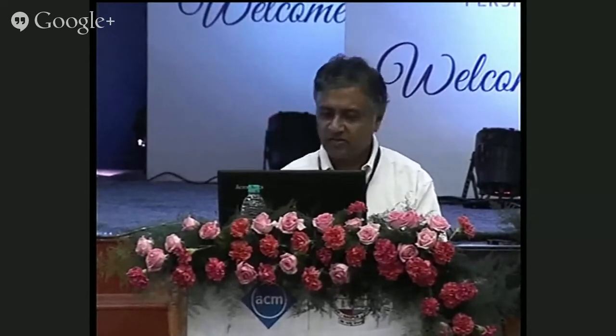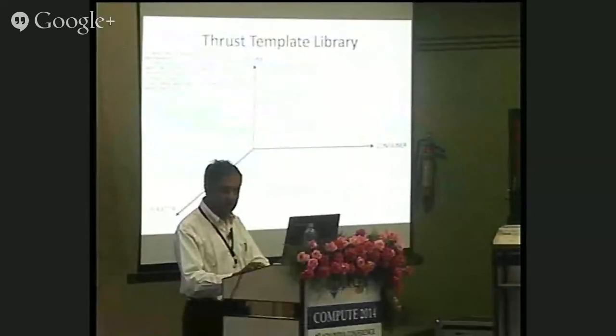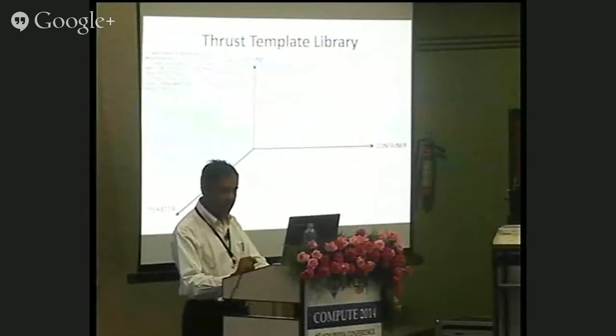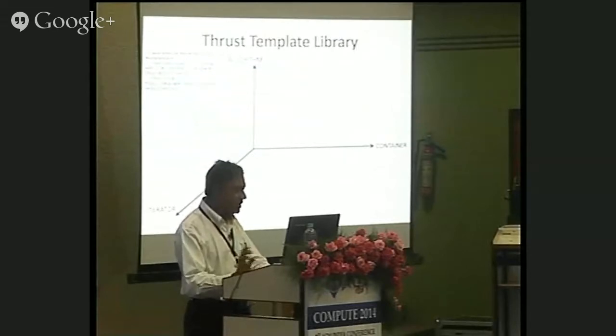So let us look at this class library. As I said, it is very similar to STL. And as you know, in STL there are three dimensions: the container, the iterator and the algorithm. These three dimensions are completely separate, which is the beauty of it.